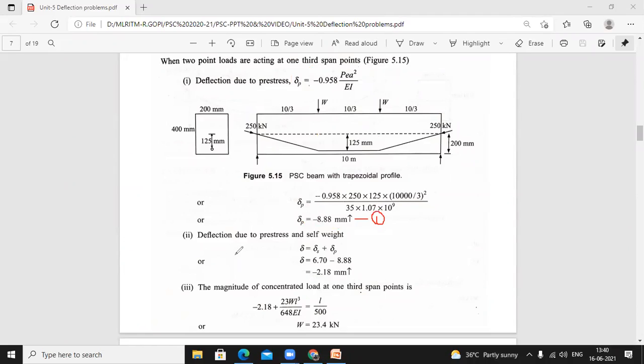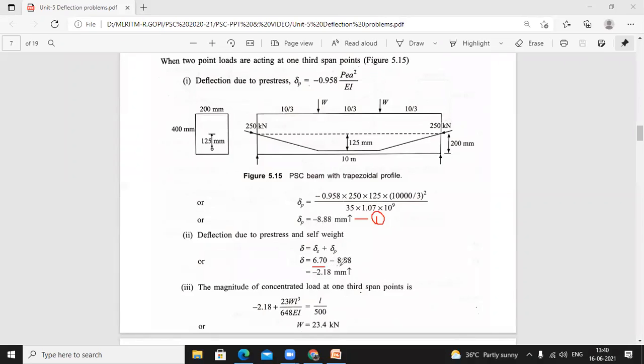Next, coming to deflection due to prestress and self-weight. This is the answer for the second question. We already found deflection due to self-weight, it is 6.7. In the second step, we found deflection due to prestress, it is minus 8.88.